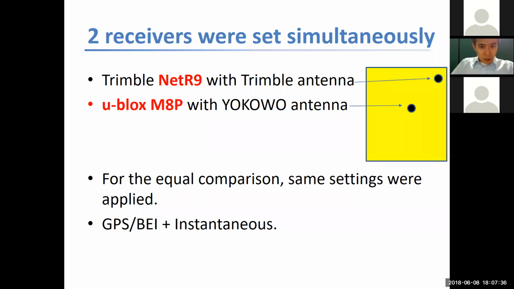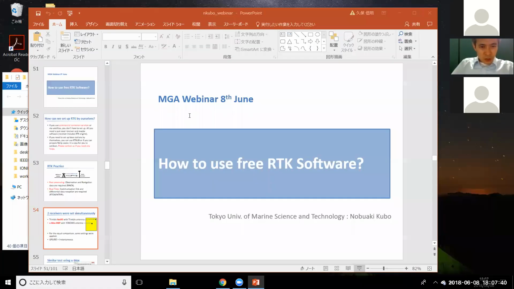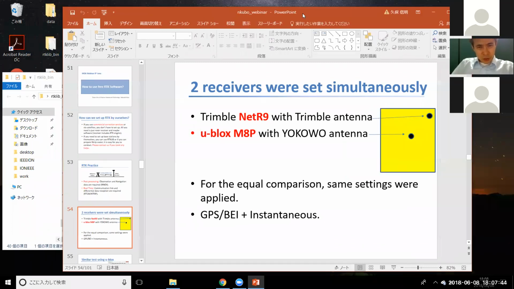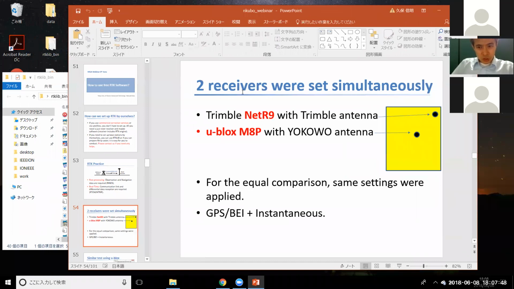Okay, so this is the second test, using 2 receivers which were set up simultaneously. One is the NetR9 receiver, a survey receiver. The second one is the u-blox M8P with a patch antenna.